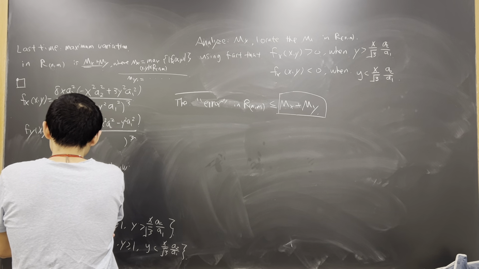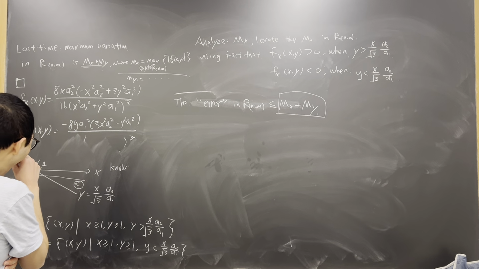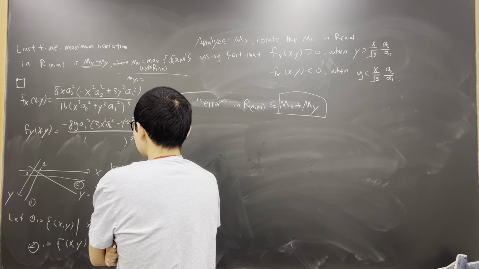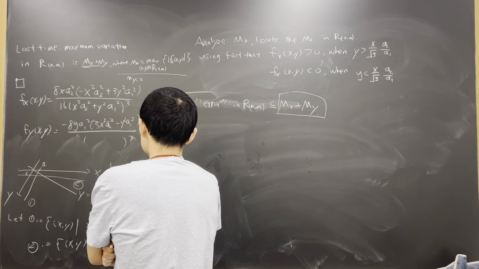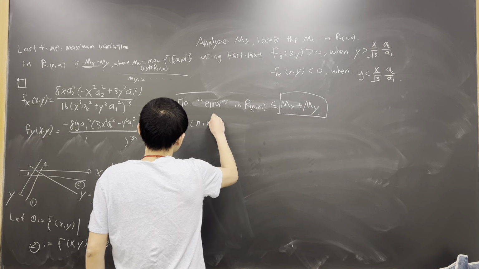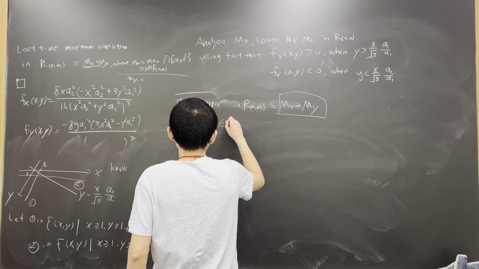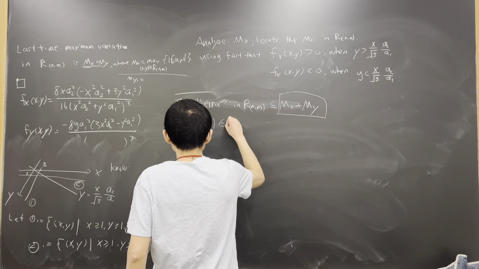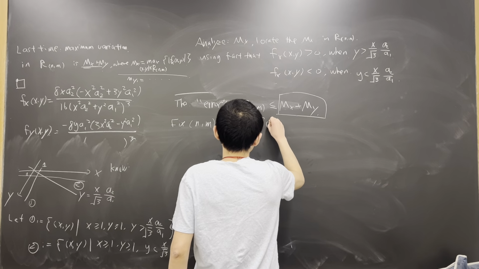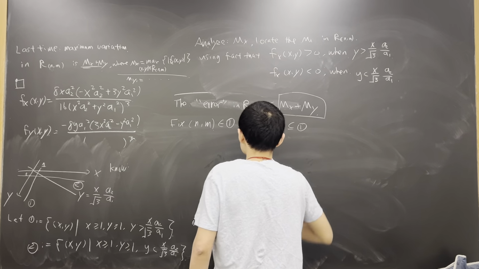So what should I fix? Let me fix one pair of points in this region such that this rectangle is actually fully contained in region 1.